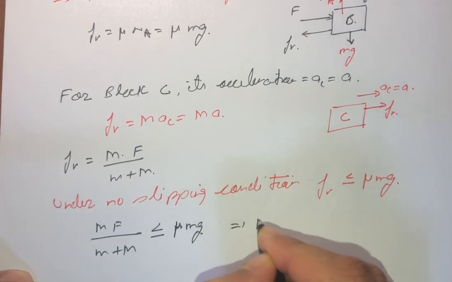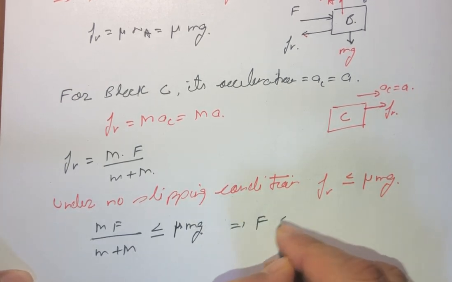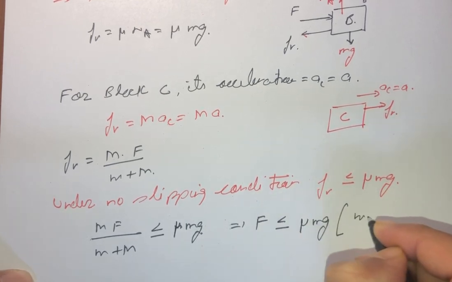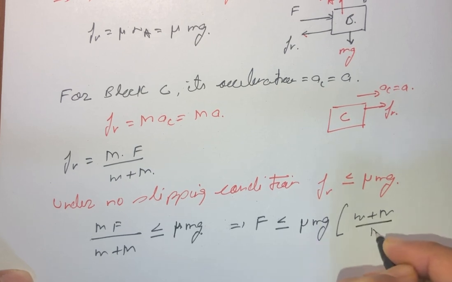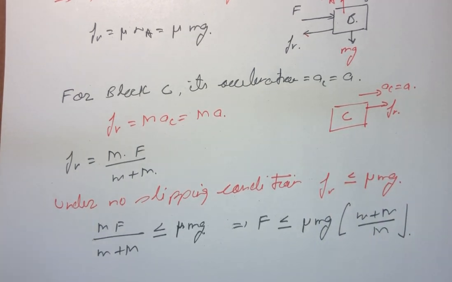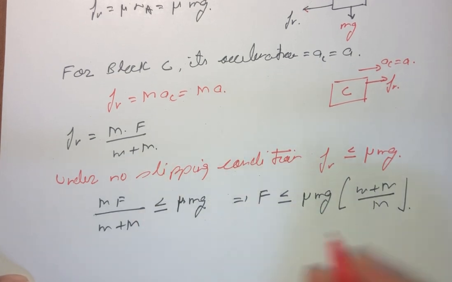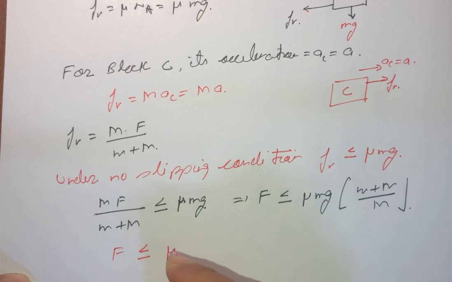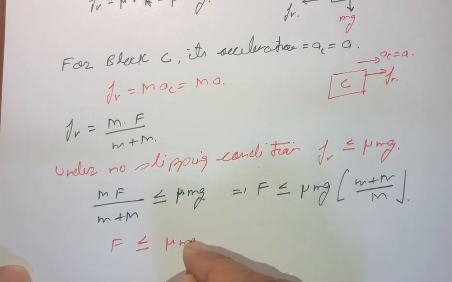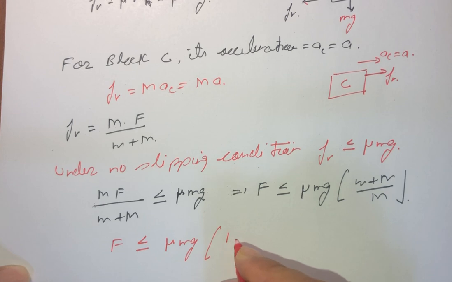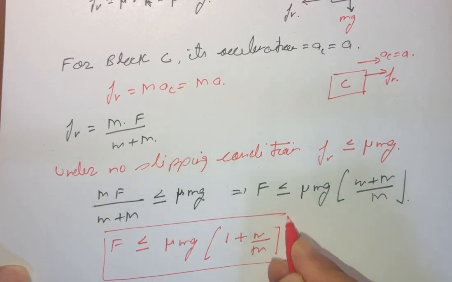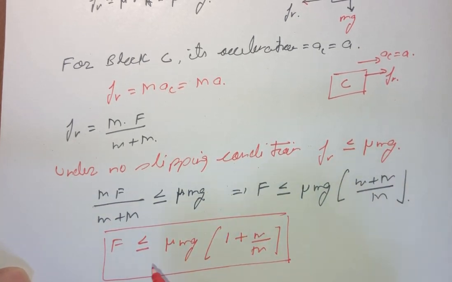From here we can say that F is less than or equal to mu mg times m plus capital M divided by capital M. If we solve it further, we can get F is less than or equal to mu mg, and you get M plus small m divided by capital M, and this is the required answer.